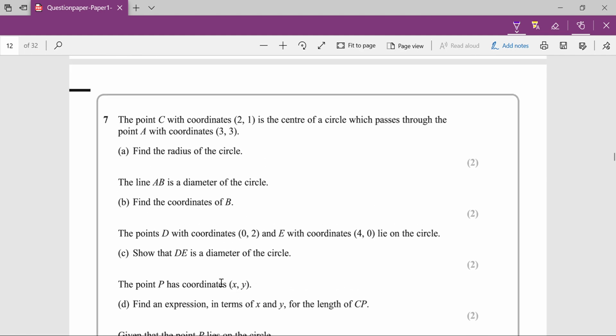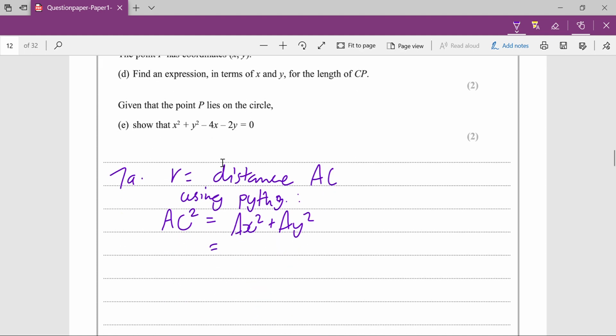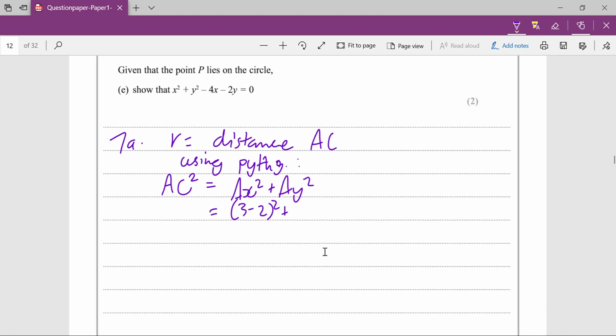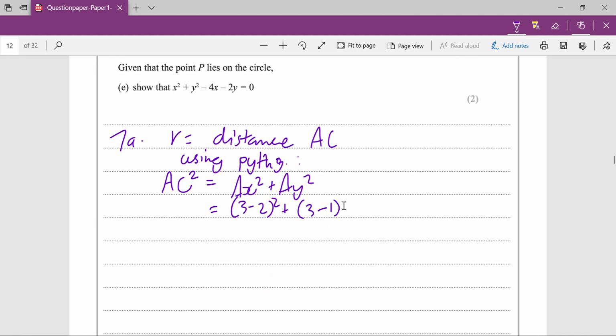So our delta x, the difference in x coordinates, would be 3 minus 2, which is 1. So 3 minus 2 squared plus, then the y coordinate is 3 and 1, so 3 minus 1 squared, should be 1 squared plus 2 squared, or 5. So if AC squared is 5, then the distance AC equals the radius, which must be equal to root 5.